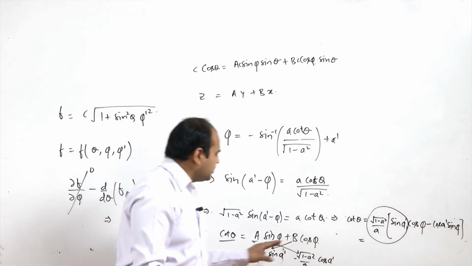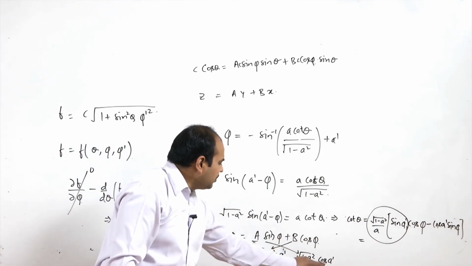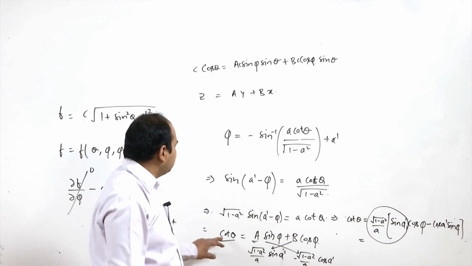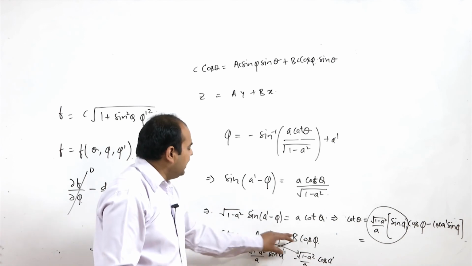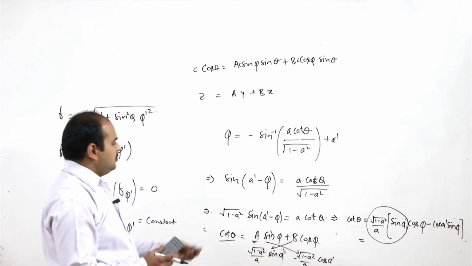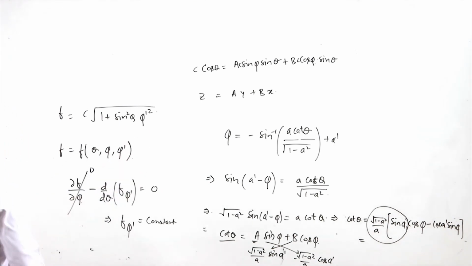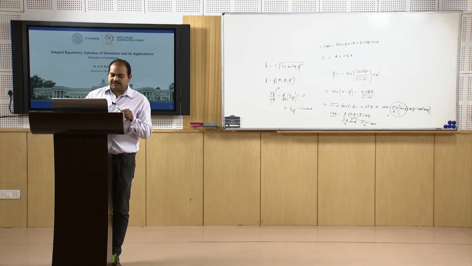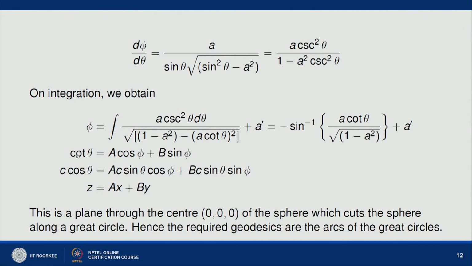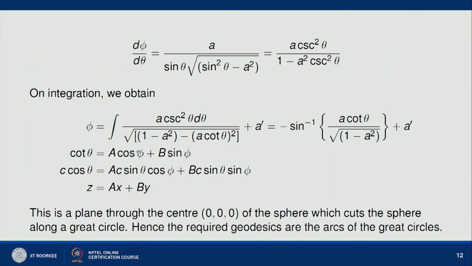It is just a constant, A is given by minus under root 1 minus a square upon a cos of a dash, but anyway you can always write cot of theta equal to A sin phi plus B cos phi, where A and B are suitable constants.